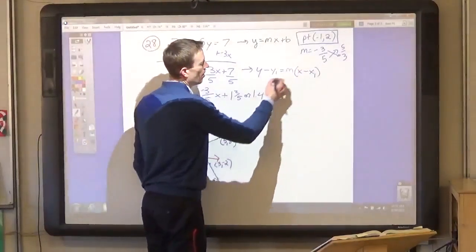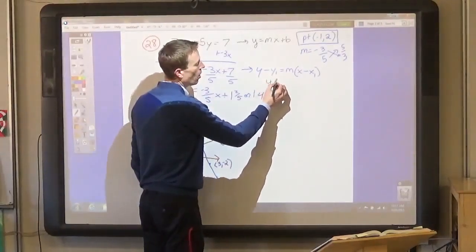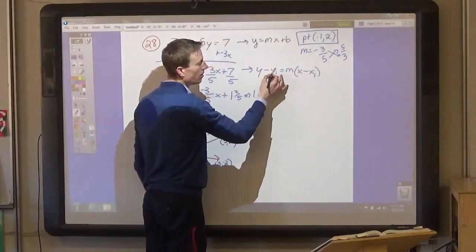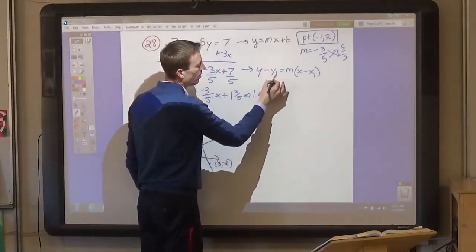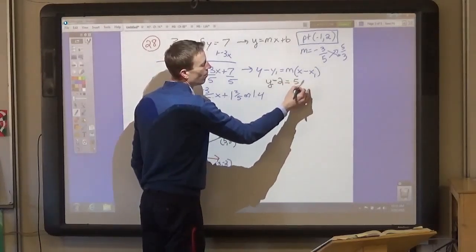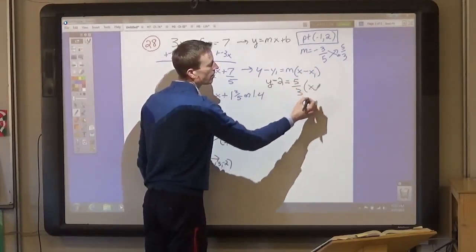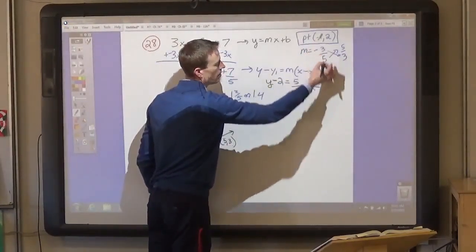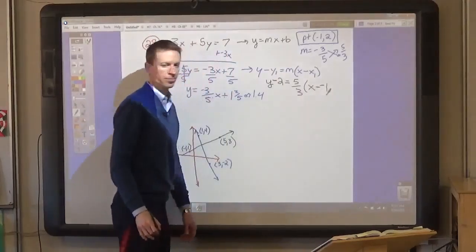Y minus 2, so we use y, and then the y coordinate is y1. Y minus 2 equals 5/3 times x, and then the x coordinate should be minus negative 1.